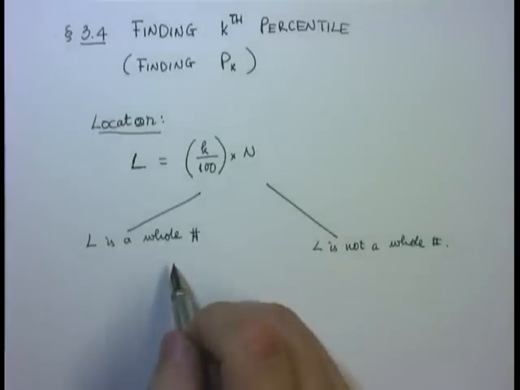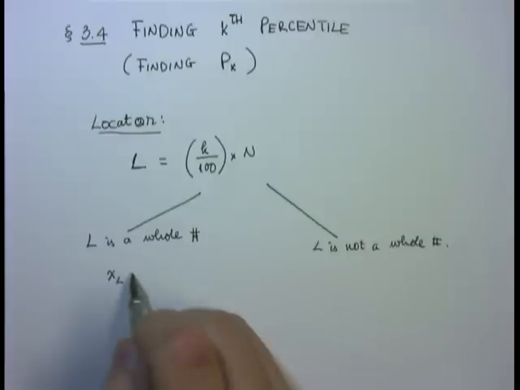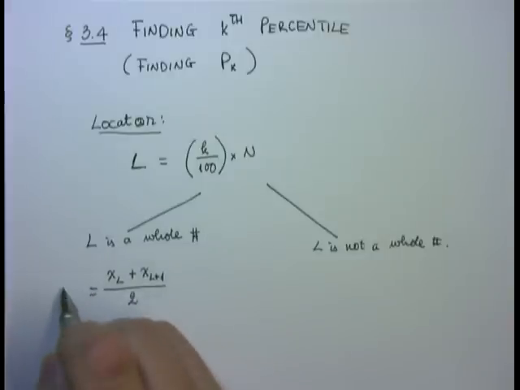In case L is a whole number, you find the Lth value on the list and average that with the L plus 1th value on your list, dividing the sum by 2. That gives you your P sub k, the kth percentile.